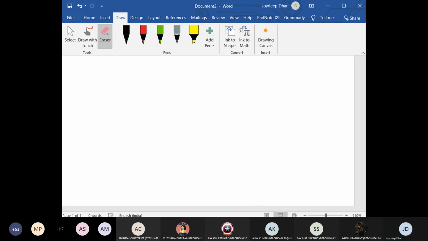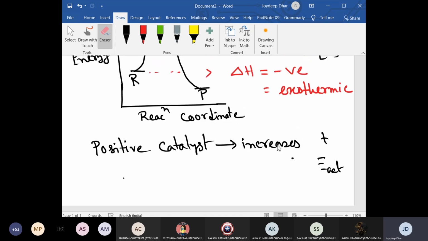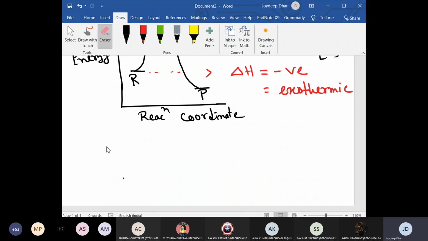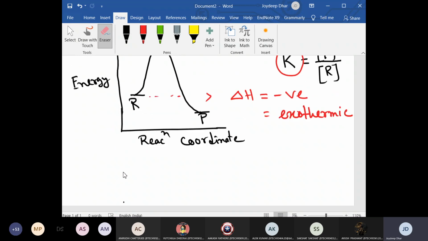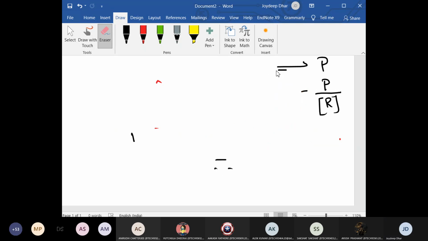Okay. And now, other than positive and negative catalyst, there are several other examples, just like auto catalyst. Auto catalyst, have you heard before? What is auto catalyst?